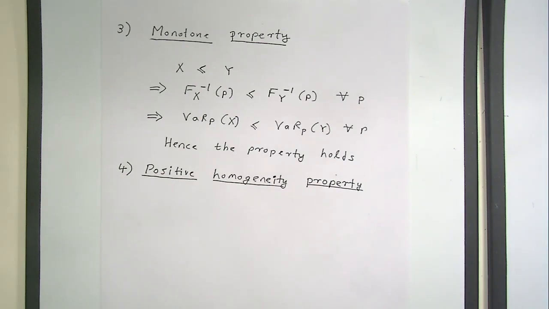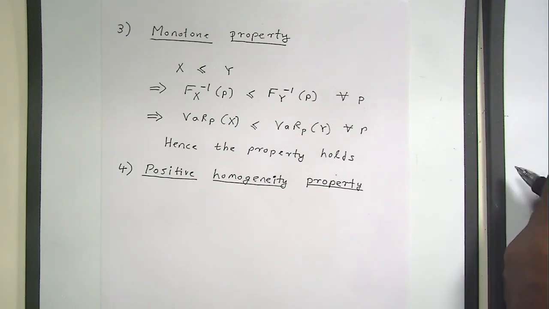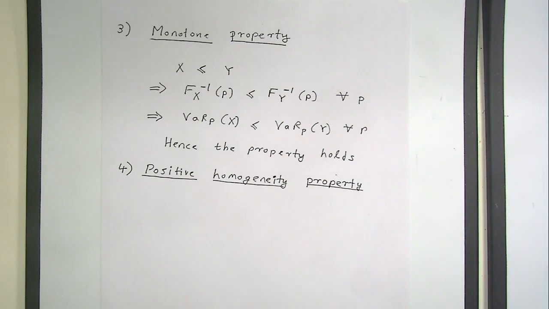Okay, is the positive homogeneity property, right? So we need to prove that. Do you guys remember the positive homogeneity property, which we did a long time ago? It's this one here. This is the positive homogeneity property, right?